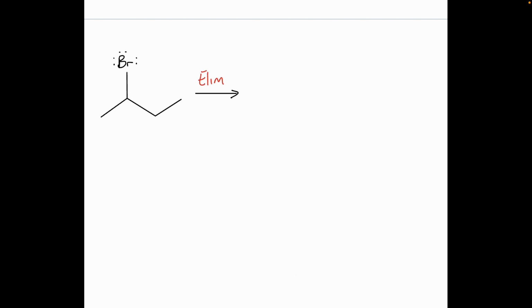So again, my double bond has to form with the carbon at the base of the halogen, so it can form either over here or over here.